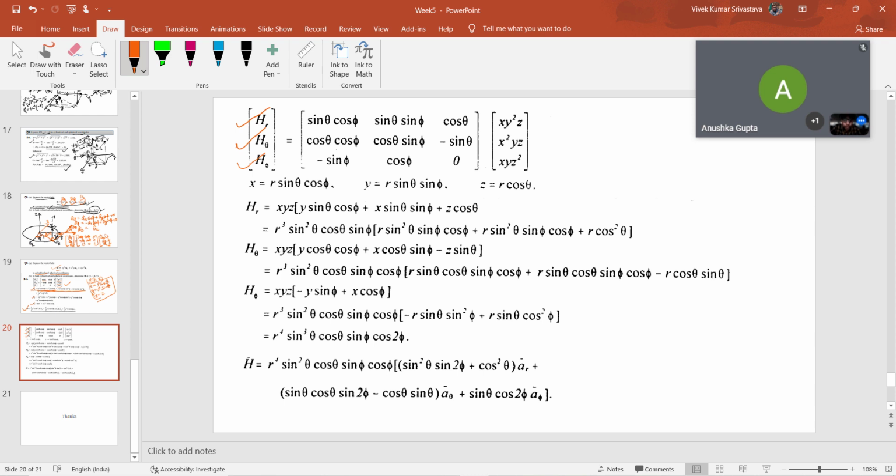You have to put the x, y and z components here, and replace x as r sin theta cos phi, y as r sin theta sin phi, and z as r cos theta. That's how you can find it.